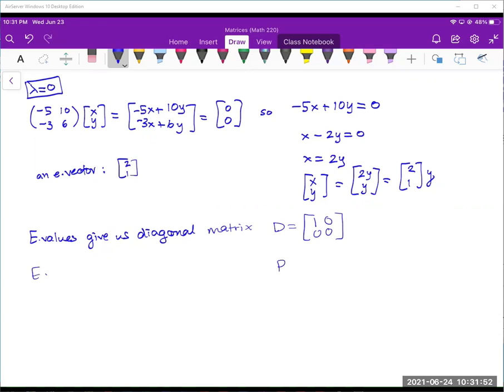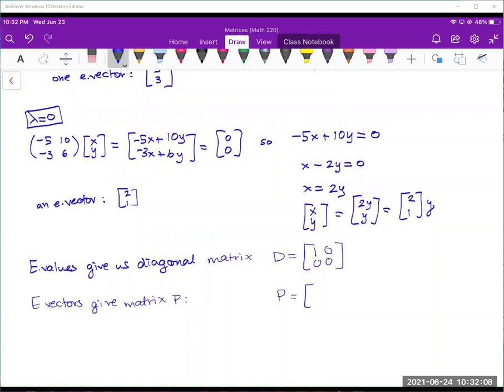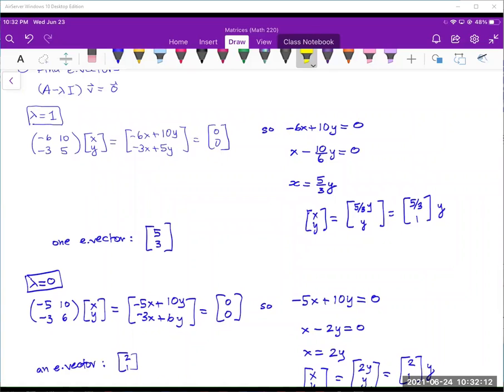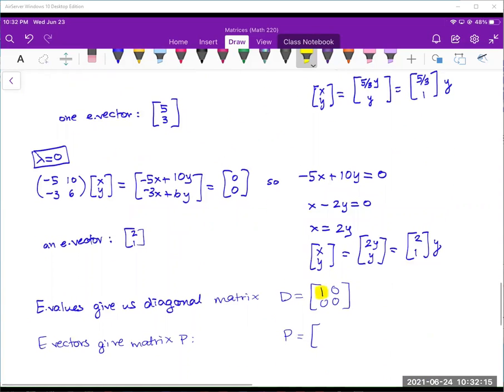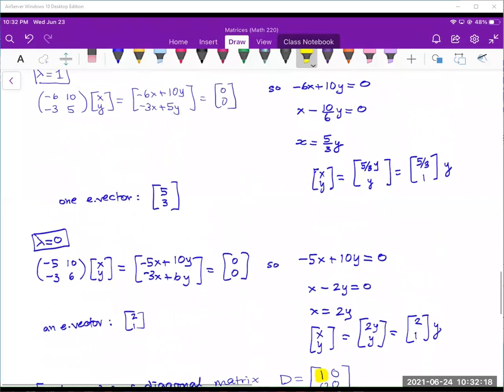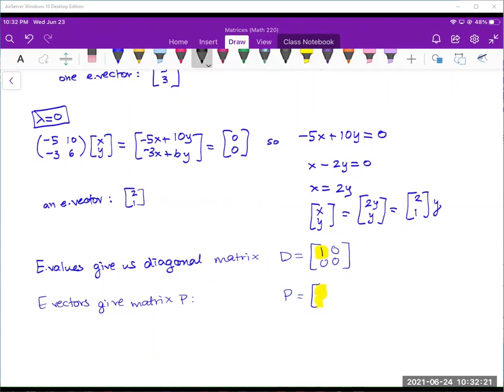The eigenvectors give the matrix P. The first column corresponds to the first eigenvalue, lambda equals 1, and the eigenvector we found there was 5, 3. For the second eigenvalue, which was 0, that gives us our second column, the vector 2, 1.